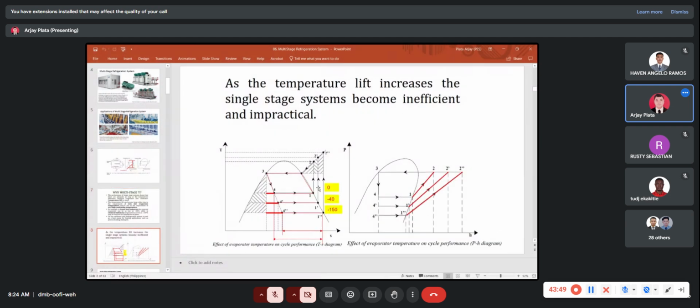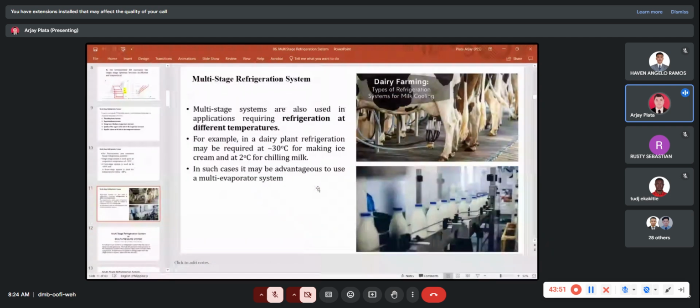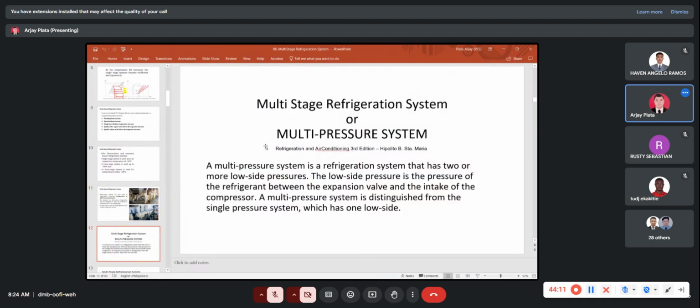This is an example: in a dairy farm, you will need two sets of temperatures for chilling and for ice cream making. So you need a multi-stage refrigeration system to accommodate these two sets of temperatures in the evaporator.